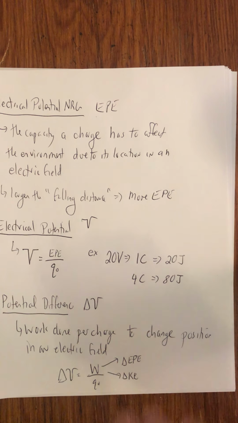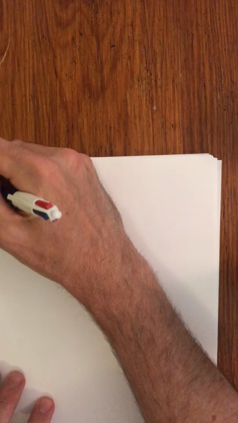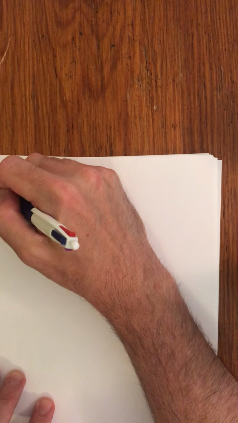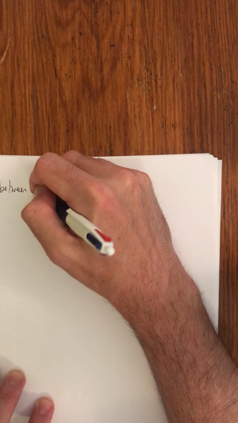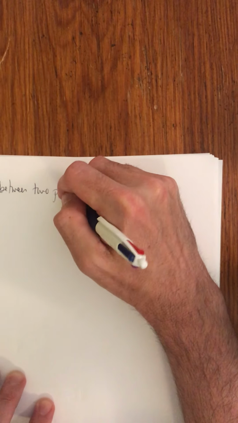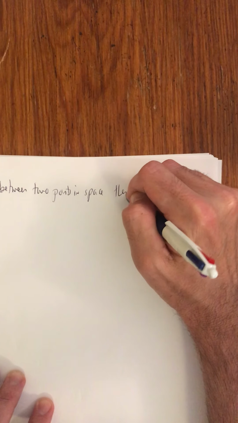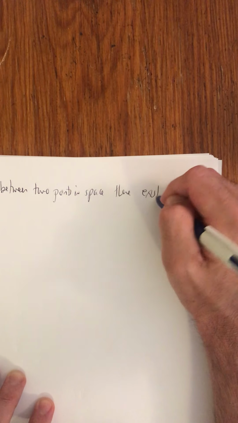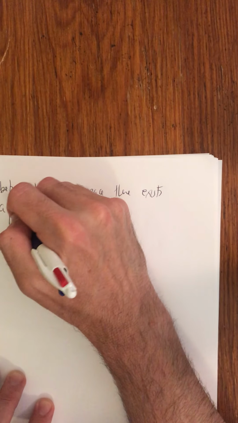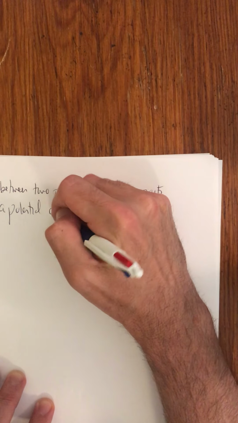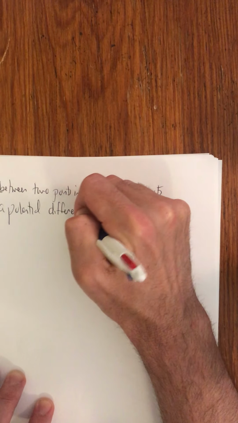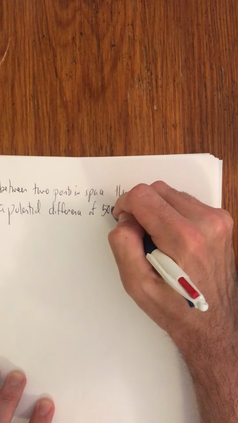So let's go on to a couple of other things on this. So let's say, just to give an example, between 2 points in space there exists a potential difference of 50 volts.